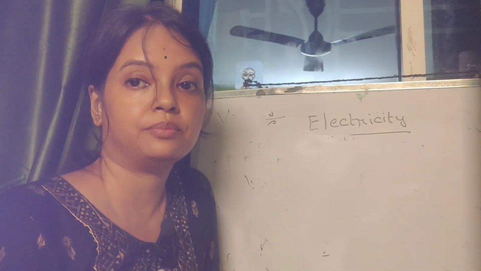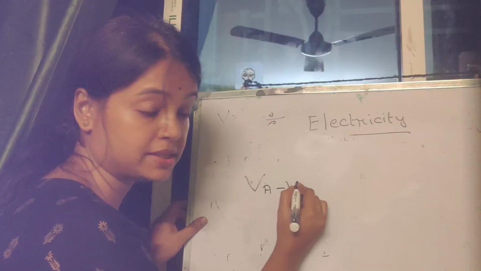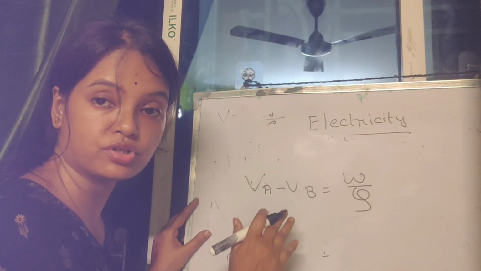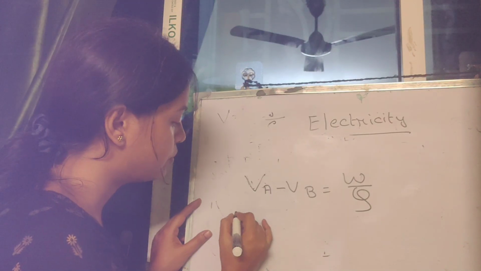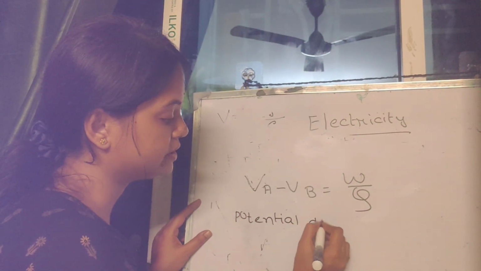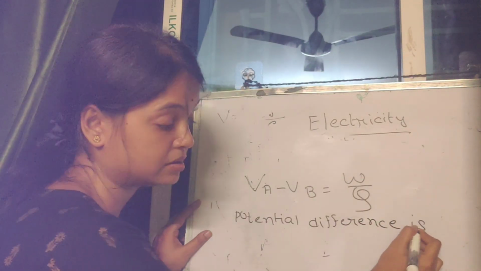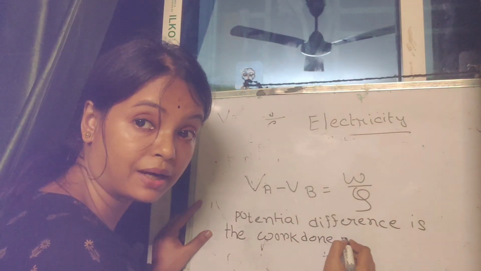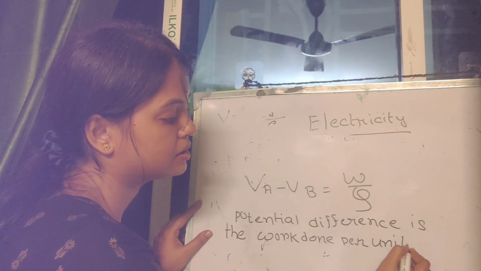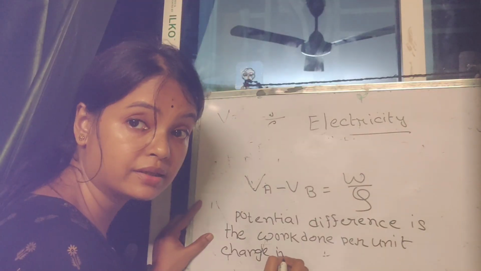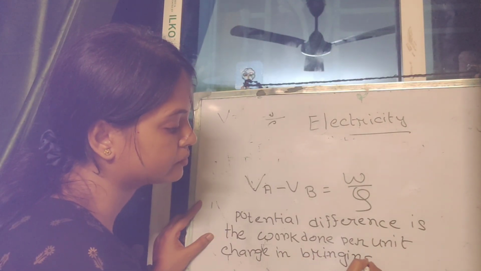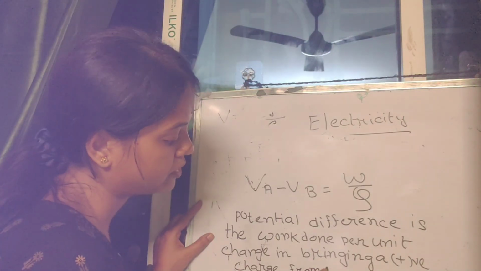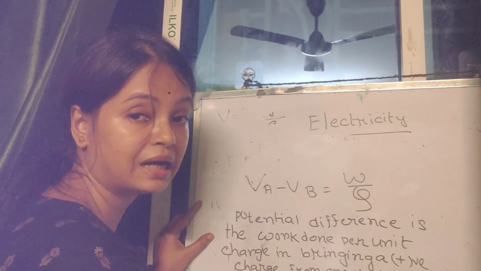The potential difference between two points can be expressed as VA minus VB equal to W by Q, where VA is the potential at point A and VB is the potential at point B. Now we can write that potential difference is the work done per unit charge in bringing a positive charge from one point to another.